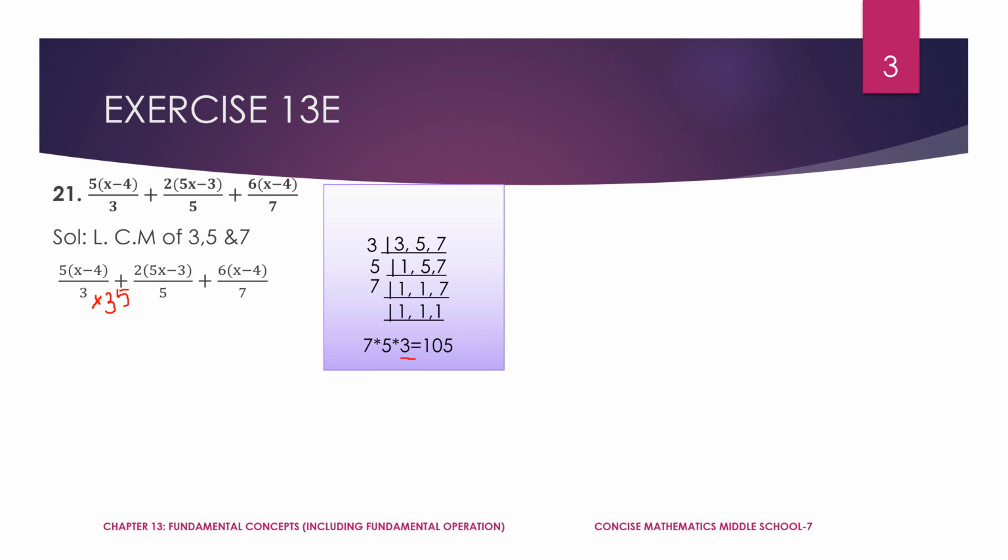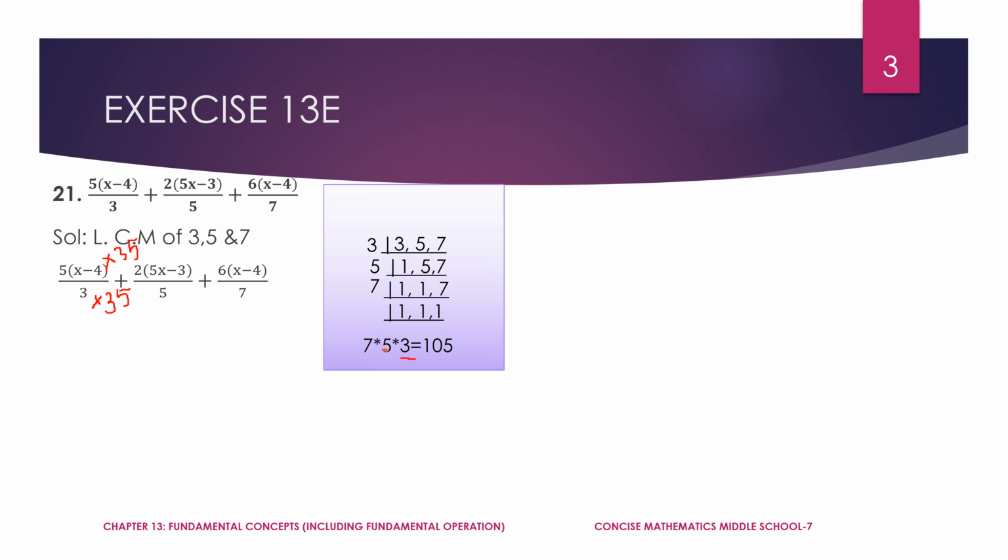Is it easy now? Because it is a big number, most of the students get worried. Oh my god, how can I check which number we have to multiply with? So now it will be very easy for you. See, even here it is 5. You have 5 in the denominator. Leave off this 5.